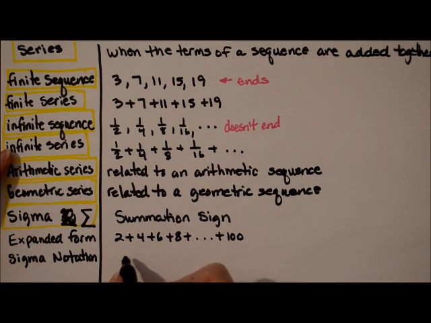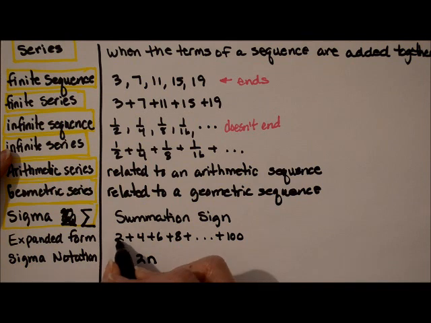looks like this. Here's my sigma. Here's that formula that you guys were finding yesterday with your arithmetic sequences and your geometric sequences. That's that n. You already know how to get that.